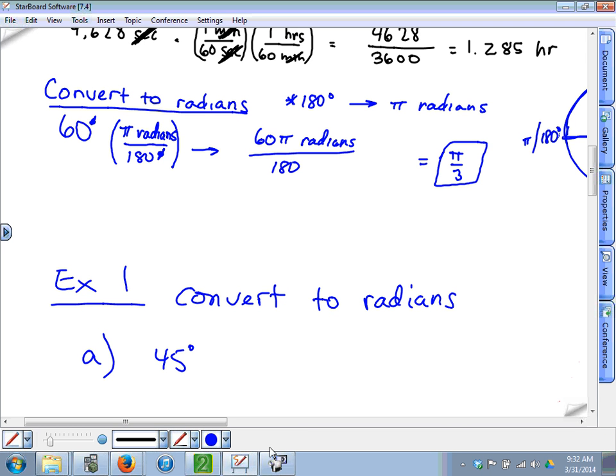Remember, you have to end up with a simplified fraction. So, wait.